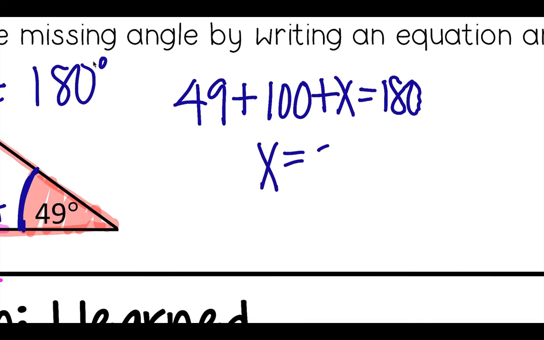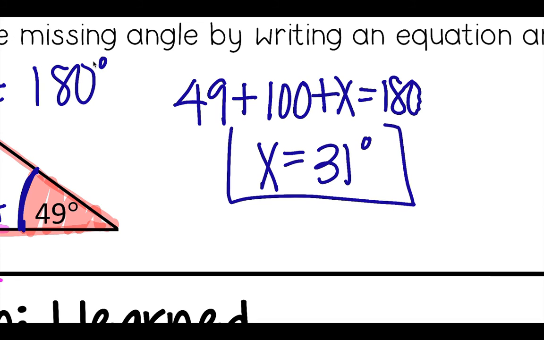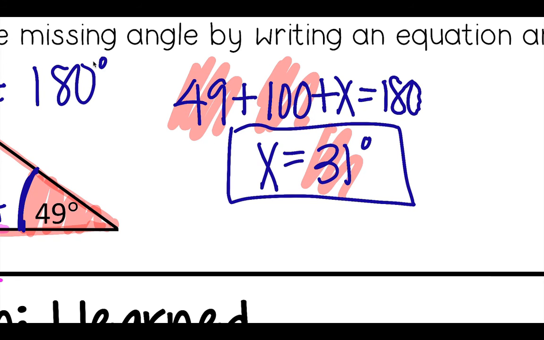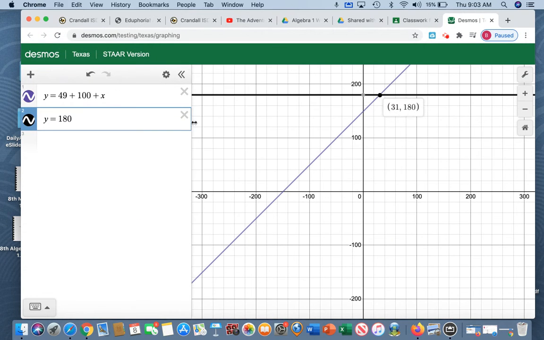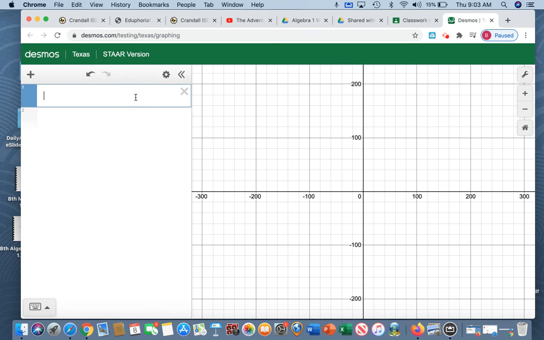X equals 31 degrees. You can always, always check yourself by adding up what you got, 100, 49, and 31, and seeing if they equal 180, right? 49 plus 100 plus 31. Well, if I plug that into Desmos to check, I've got 100 plus 49 plus 31.